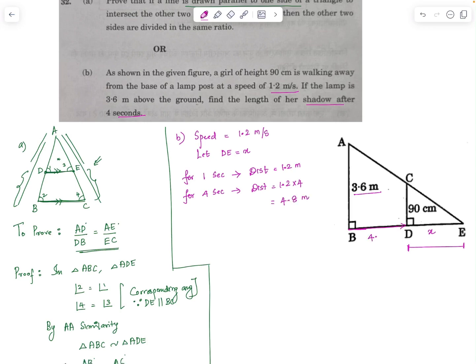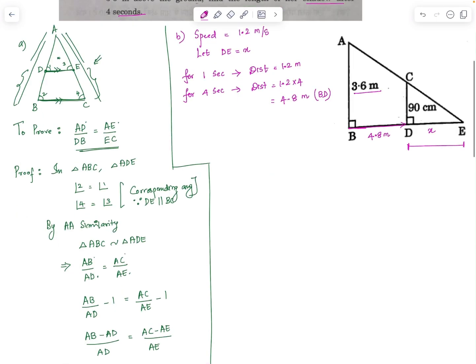So BD is 4.8 meters. Now let's work with two triangles. One is triangle ABE, that is the bigger triangle, and the triangle CDE.